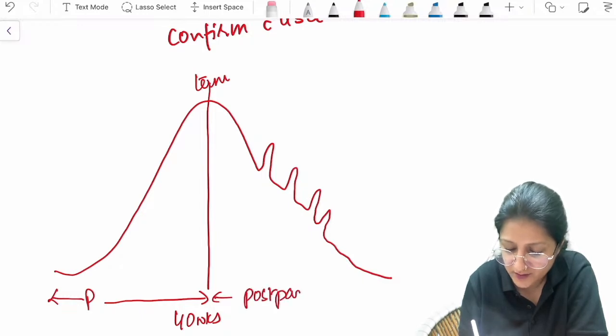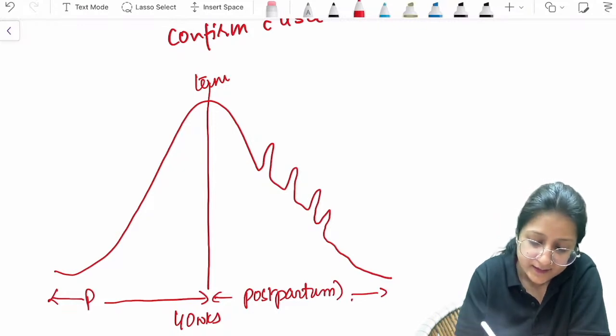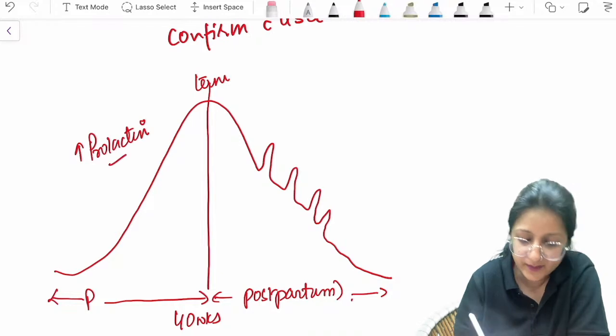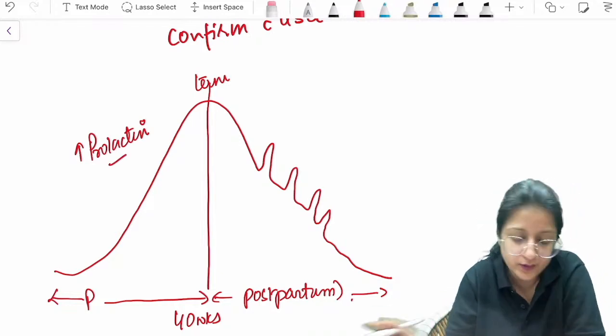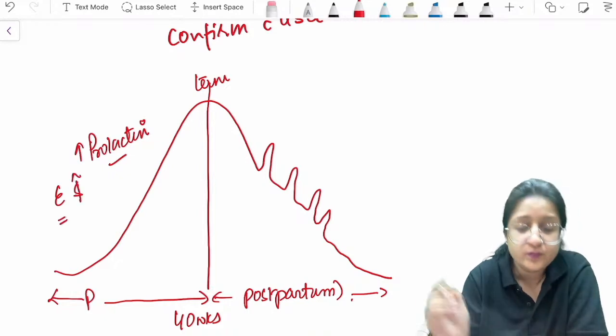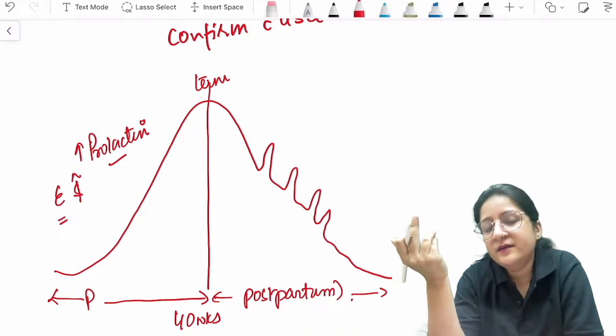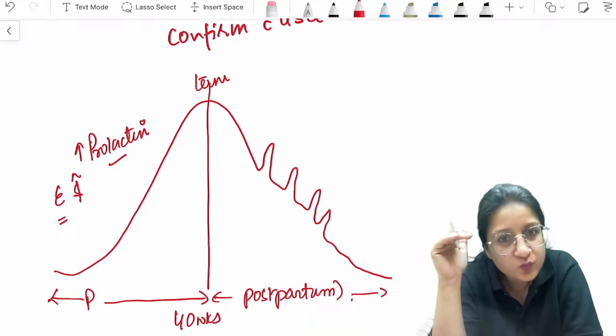Now understand here that there is an increase in prolactin that we see happening throughout the pregnancy. Prolactin levels continue to rise. This is because of the estrogen stimulation, which promotes the release of prolactin. That is one thing.